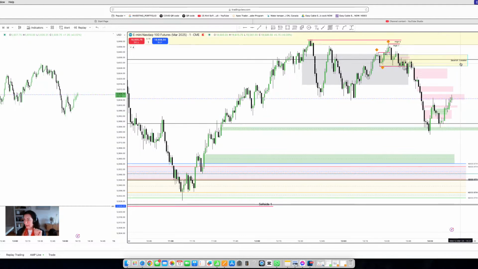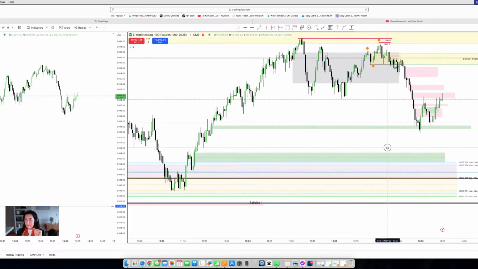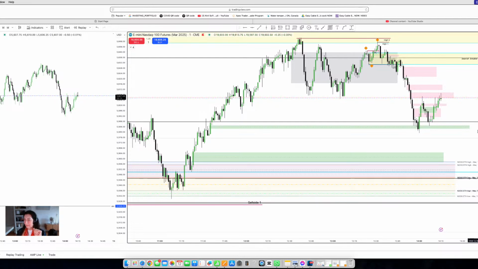Be interesting to see if price could come back into the bearish breaker and then sell off. But it looks pretty weak, doesn't it? I mean, it's 215.